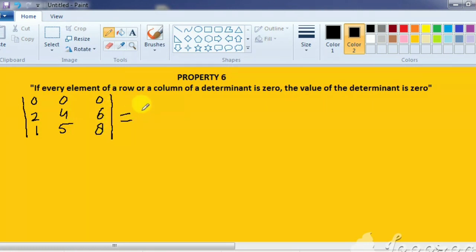So its value is 0 because every element of the row 1 is 0. Similarly, if every element of a column is 0, like 1, 6, 8 is the first column, and second column is 0, 0, 0, and third column is 8, 9, 4, its value is also equal to 0.